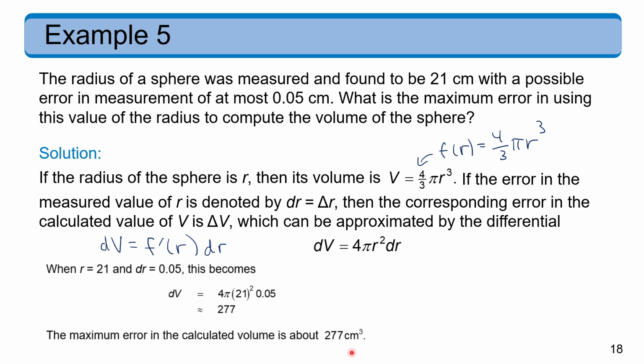That's kind of amazing, that the volume would be off by that much, right? The radius measurement was off only by this small amount, 0.05 centimeters.